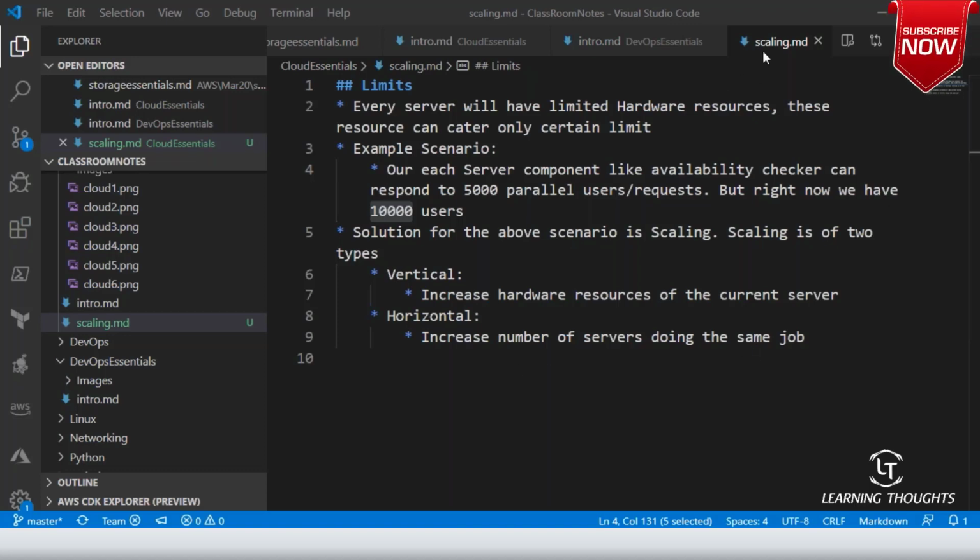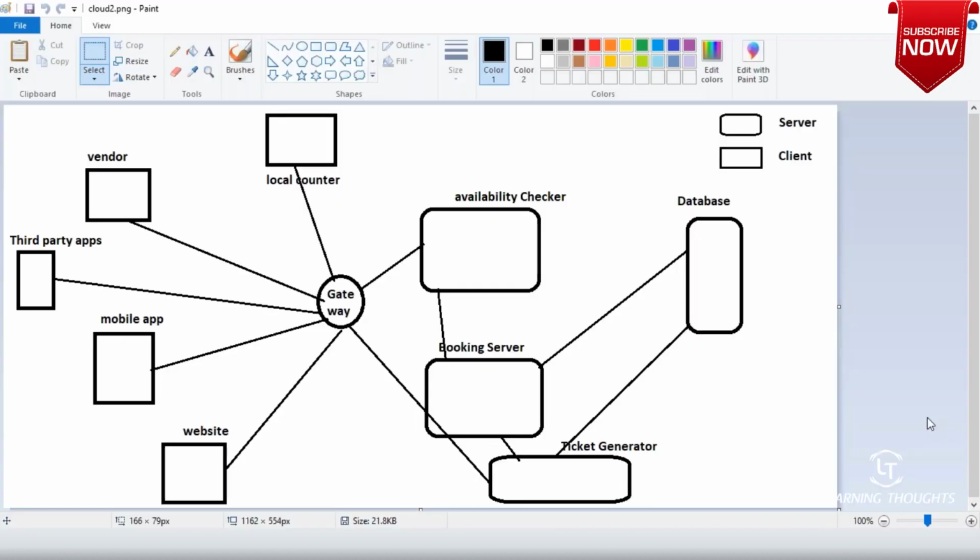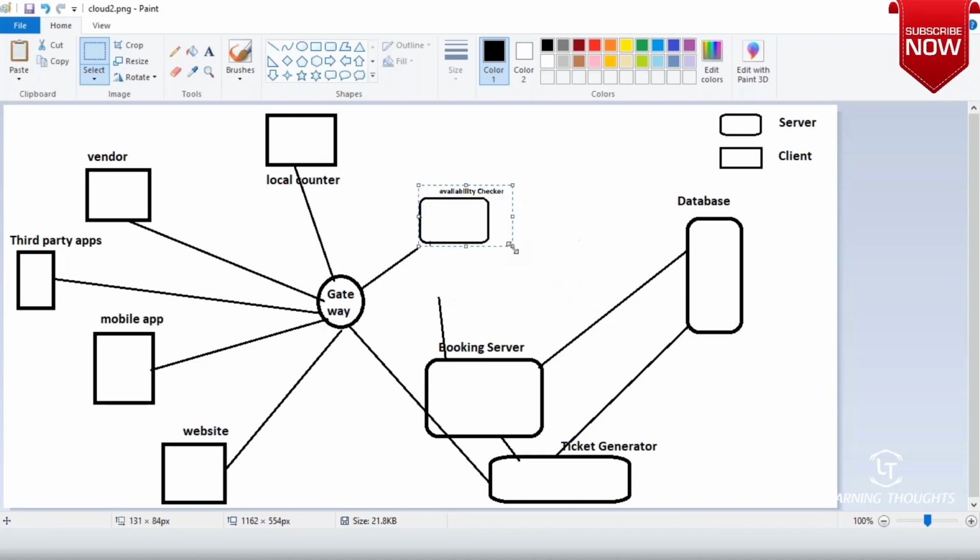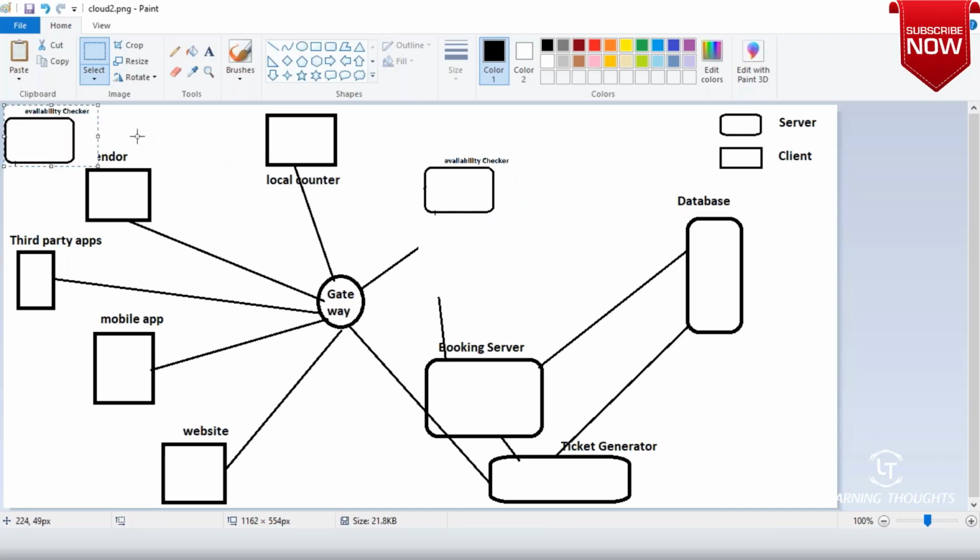Okay. Right. So let us basically consider the architecture over here. What I'll do is, rather than having one availability checker, I'm going with horizontal scaling. You will have two availability checkers.